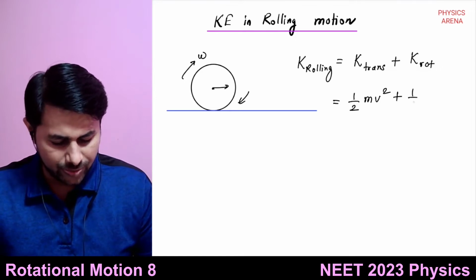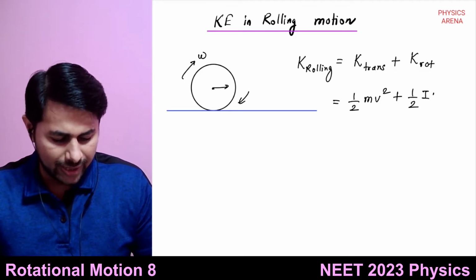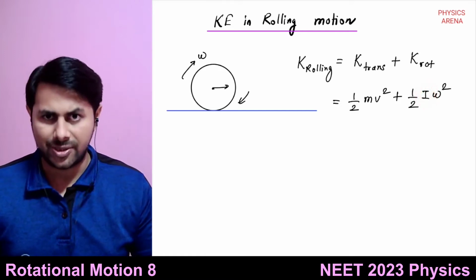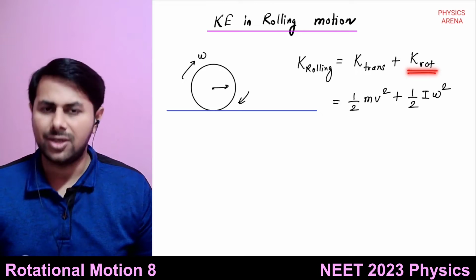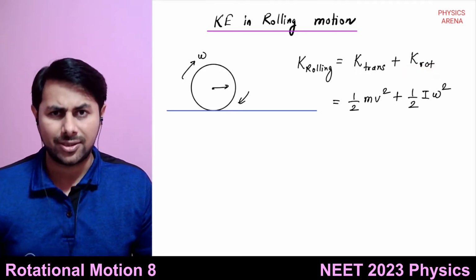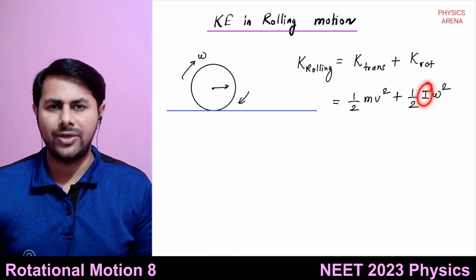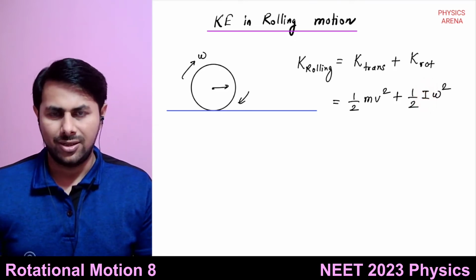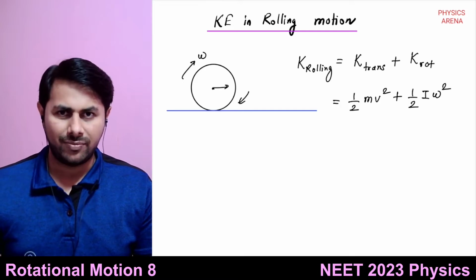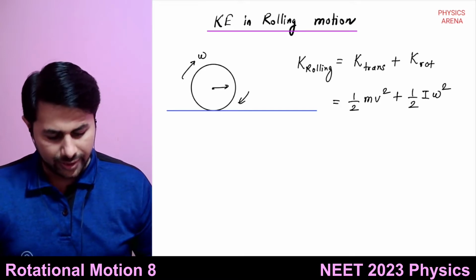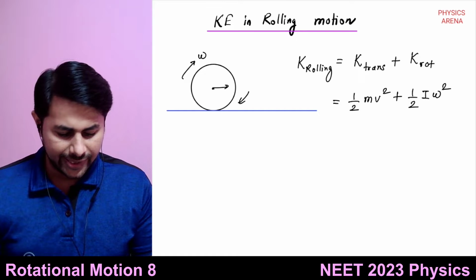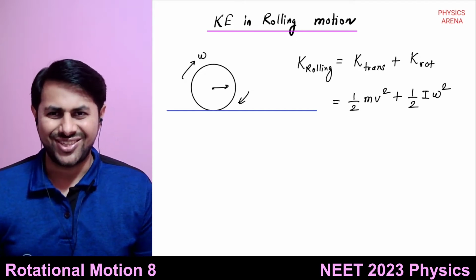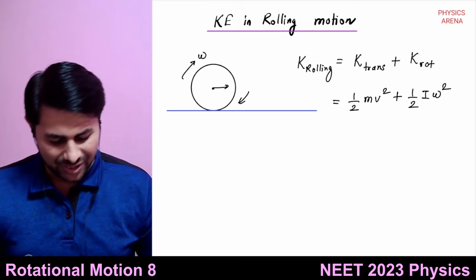The kinetic energy of rotational motion is half of I multiplied by omega square. We started with this concept itself, and from there we defined the concept of moment of inertia. It is the inertia of a rotating body. Then in the last lecture we studied the radius of gyration.